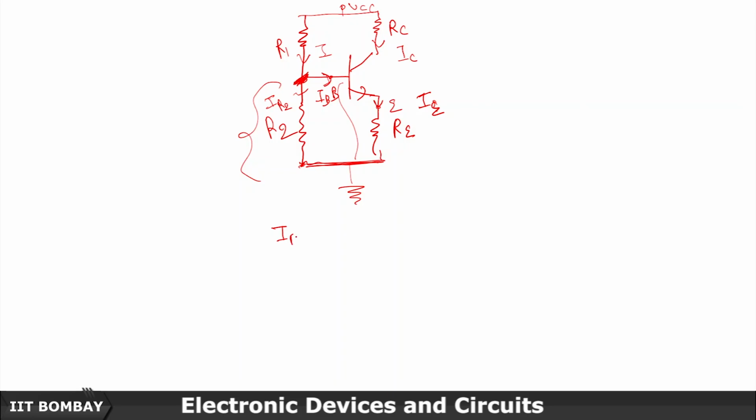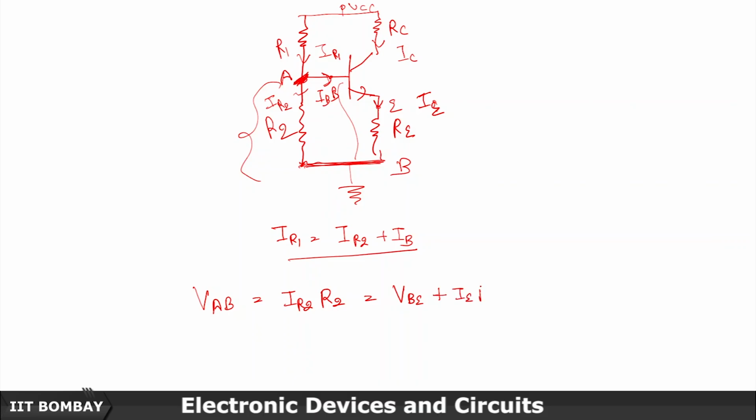So, IR1 is equal to IR2 plus IB. Now, let me take this point to be A and these grounded points to be B. So, VAB, the potential difference between these two points, has to be equal to IR2 multiplied by R2, and this has to be equal to the potential drop here, which is VBE plus IE RE.